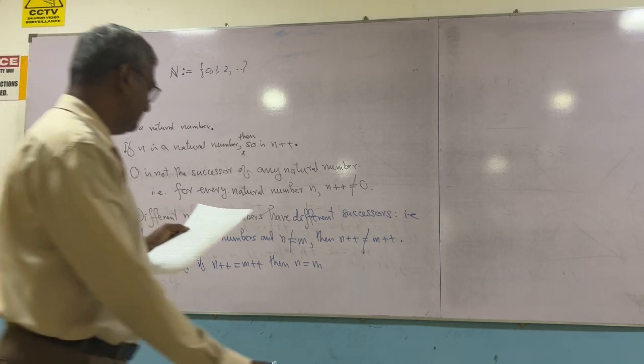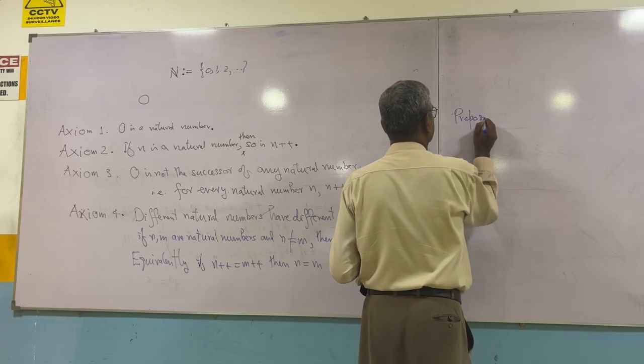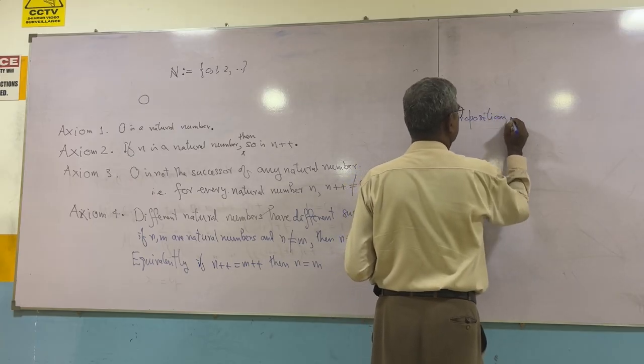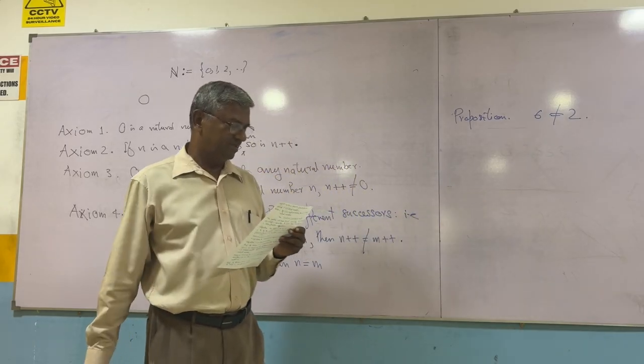Six is not equal to 2. This is a proposition. I am writing it using the symbols.